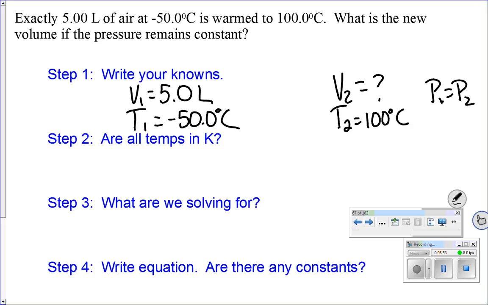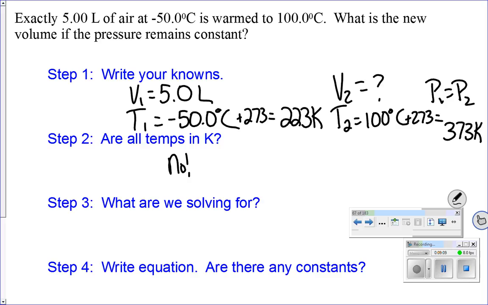Step 2 reminds us that we are going to have to convert. So you're adding 273. Remember, that's a negative 50, so this is actually going to give you 223 K. And then 100 plus 273 gives you 373 K for your second temperature. We are solving for V2. V2 will come out in liters.